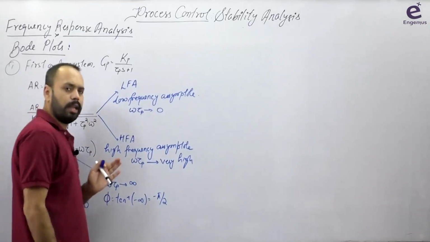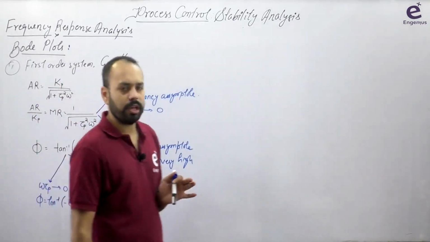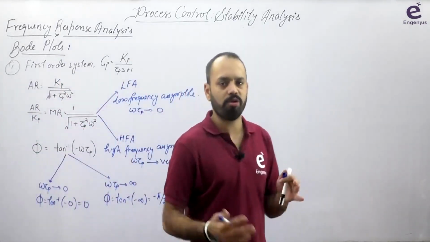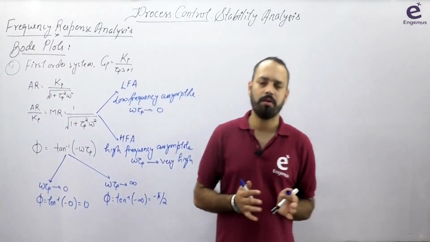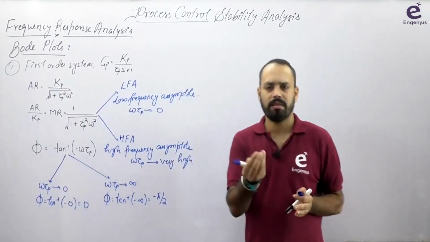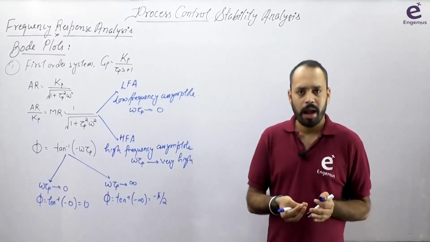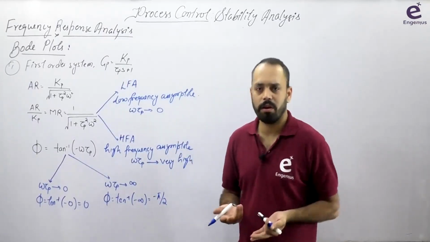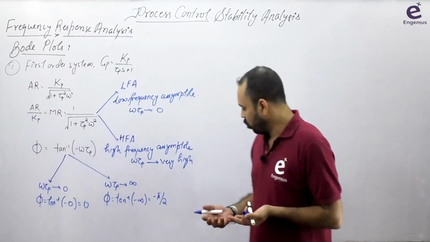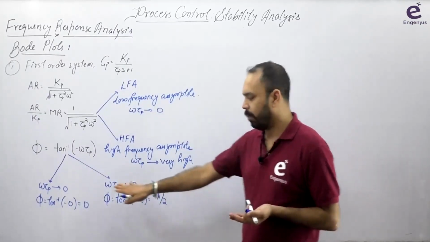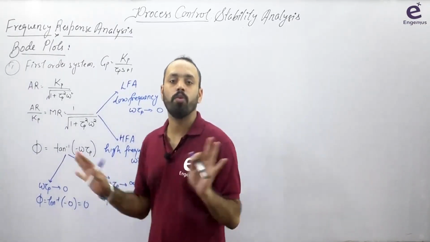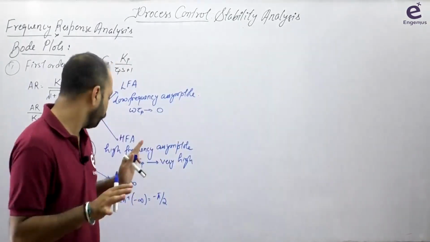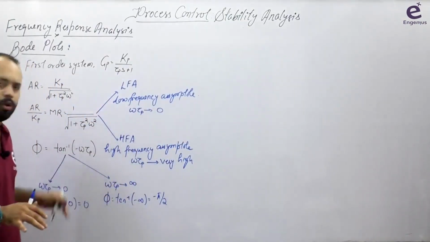But please note that in reality, frequency cannot be zero, because if you are giving some sinusoidal input, it has to have some finite frequency. And there is no meaning of omega tending to infinity; you cannot have a sinusoidal input with infinite frequency. So these values of phi are excluded. You can't have phi equal to 0 because omega cannot be 0.